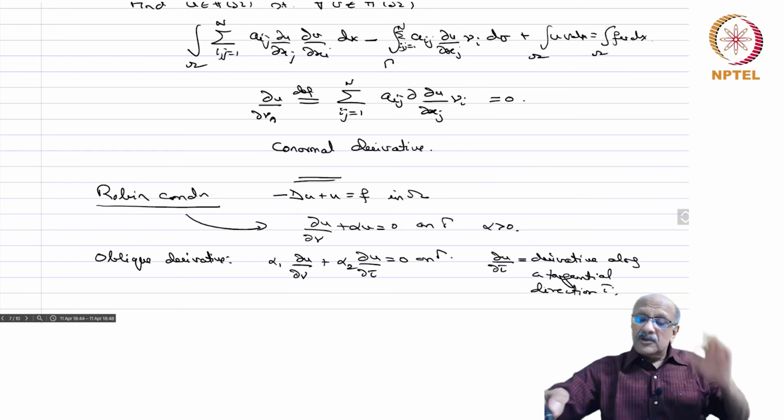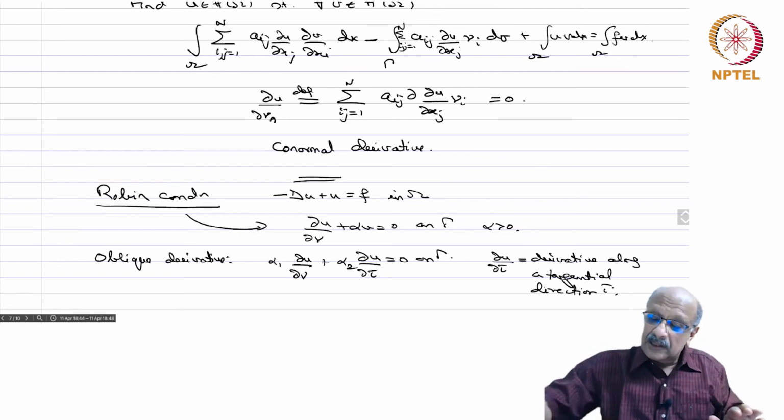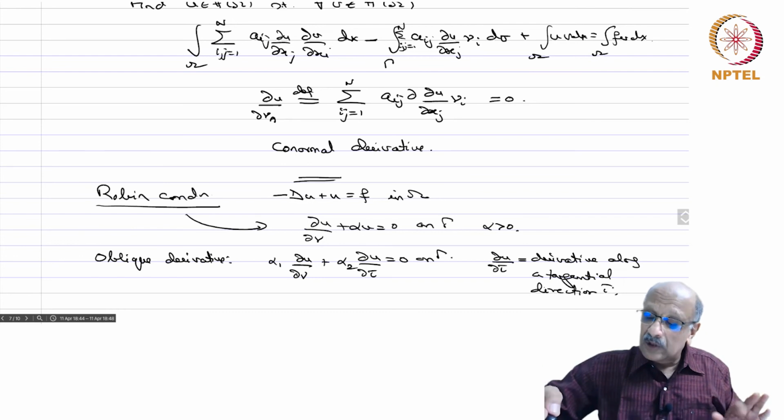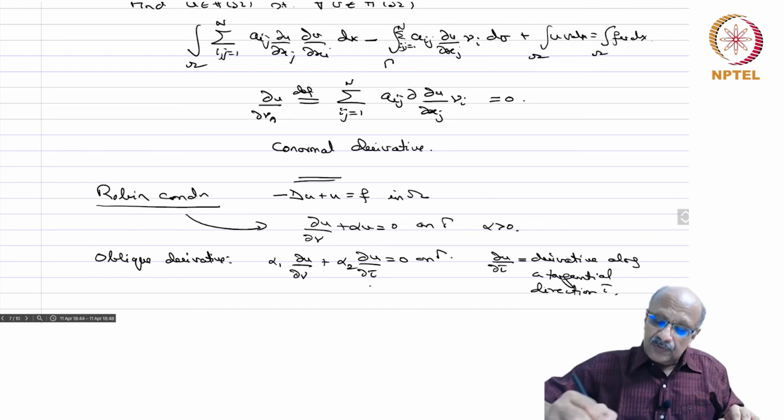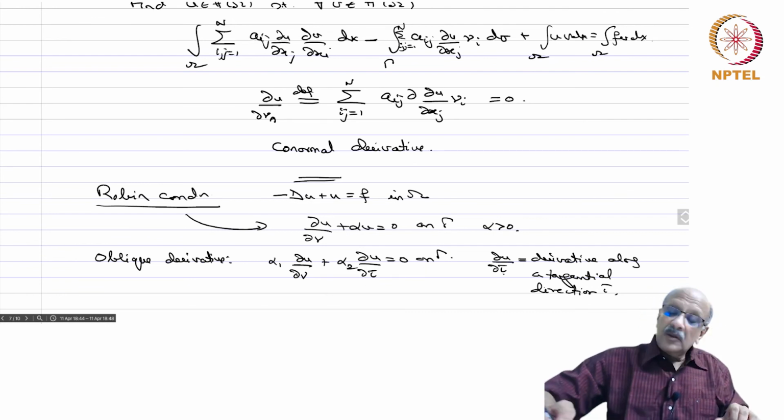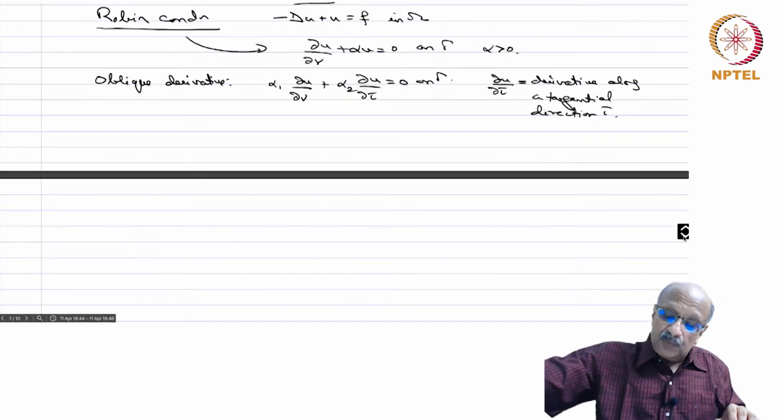In 2 dimensions you have only one tangential direction. In higher dimensions you will have more than one, and therefore if tau is one of the unit tangent vectors at a point, in that direction you can have this. So this is called the oblique derivative problem.